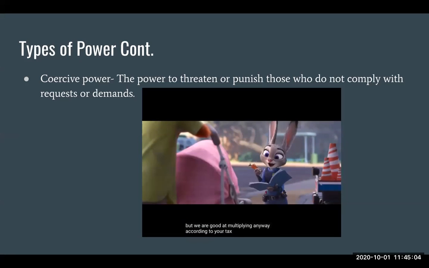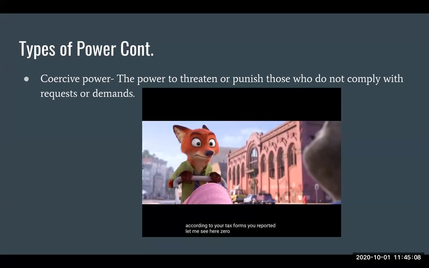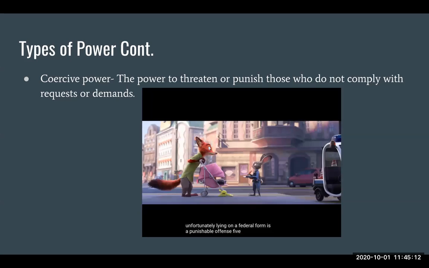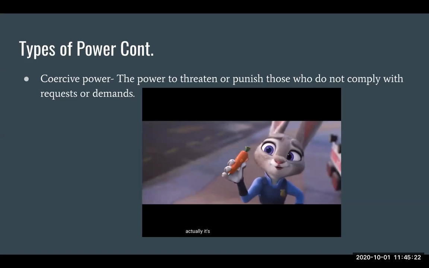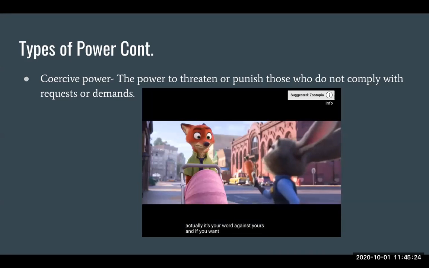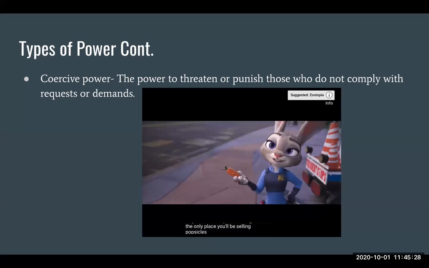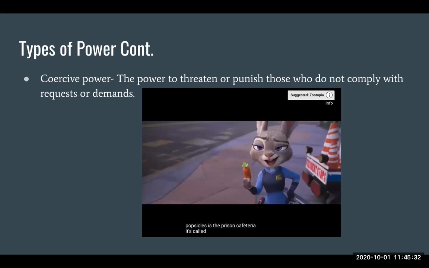Anyway, according to your tax forms, you reported, let me see here, 0. Unfortunately, lying on a federal form is a punishable offense. 5 years jail time. Well, it's my word against yours. Actually, it's your word against yours. And if you want this pen, you're going to help me find this poor missing otter, or the only place you'll be selling popsicles is the prison cafeteria. It's called a hustle, sweetheart.